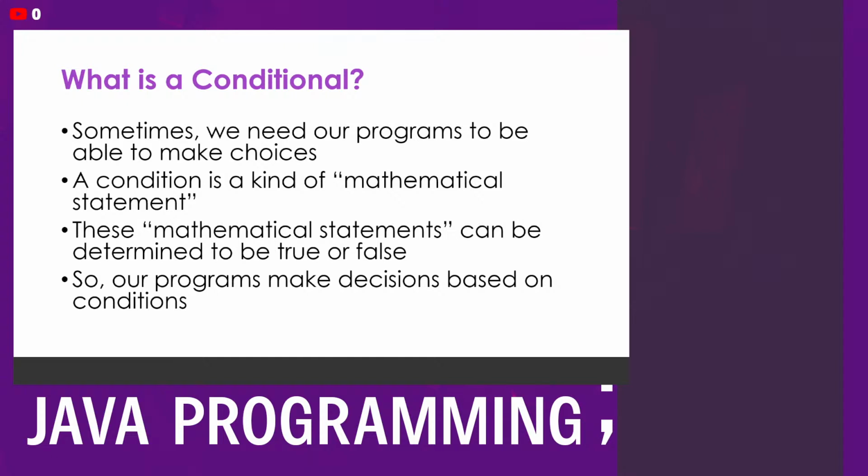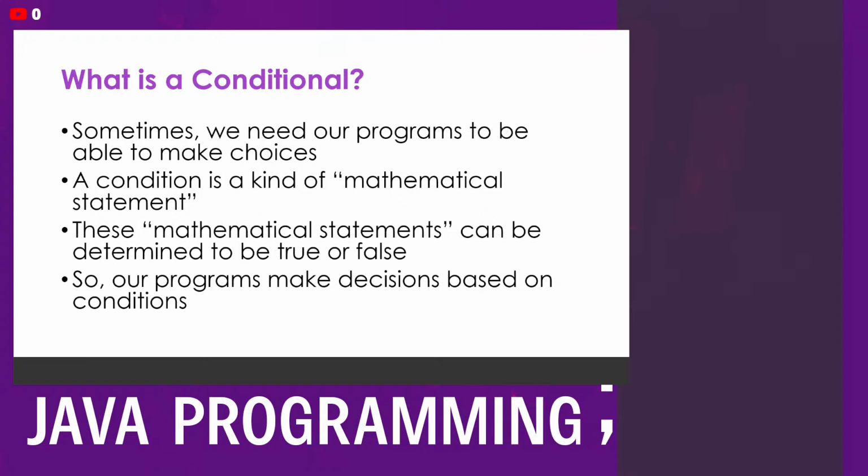These mathematical statements are not ambiguous. They are clear-cut. They return either a true or a false. And we're able to make decisions in our programs accordingly, which is super cool. Basically, if it's true, it runs the code that belongs to that block. And if it is false, then it ignores any code that is in that block.